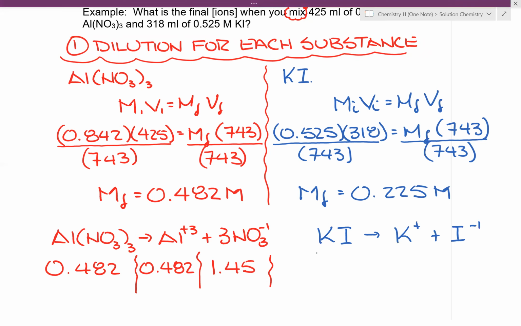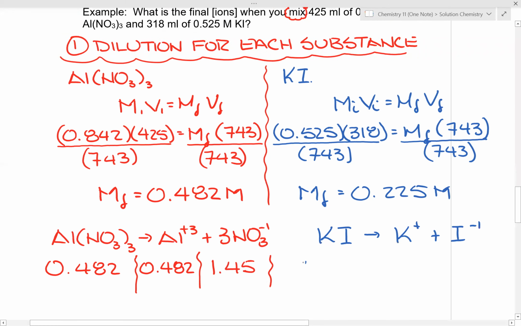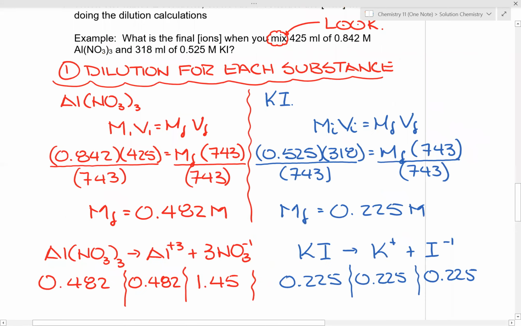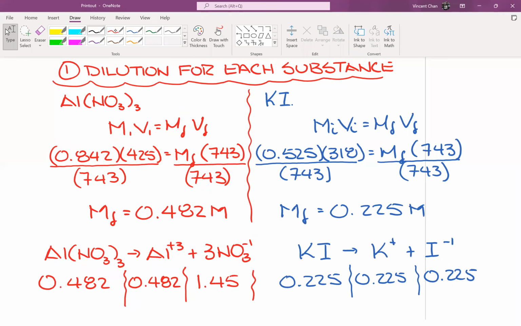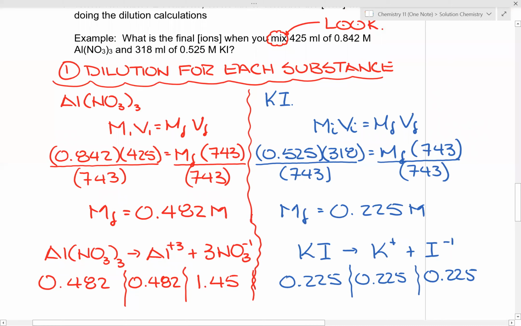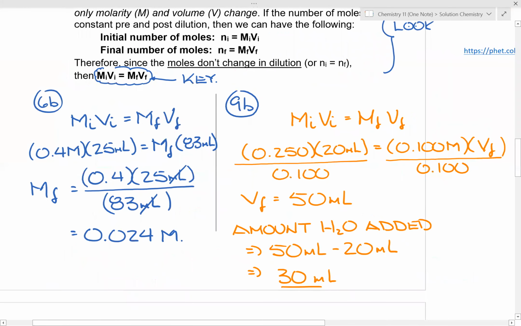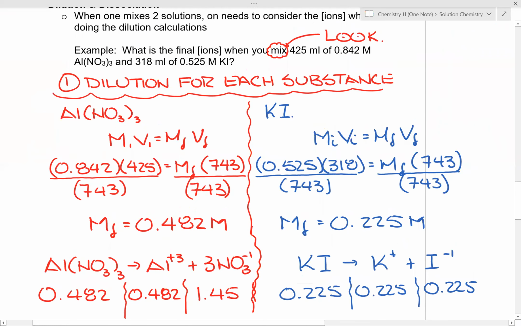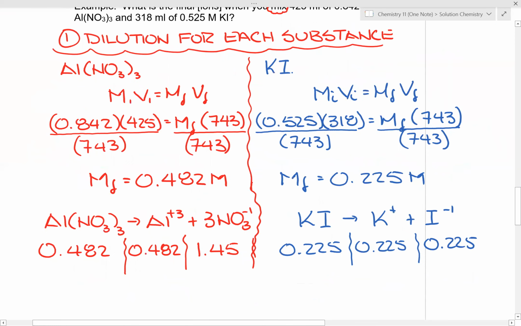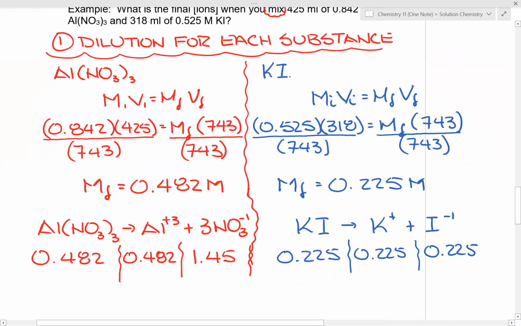If this is 0.225, this would be 0.225, and this would be 0.225. Okay. So what we did was we just combined the two concepts that we taught today and last day, where you had to do the dilutions, and you use the idea of M1V1 is equal to MFVF, and then you applied the new concentrations into the dissociation equation.